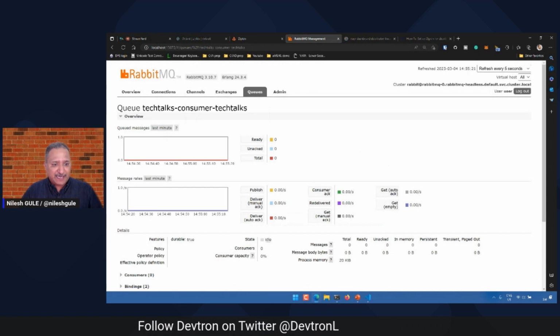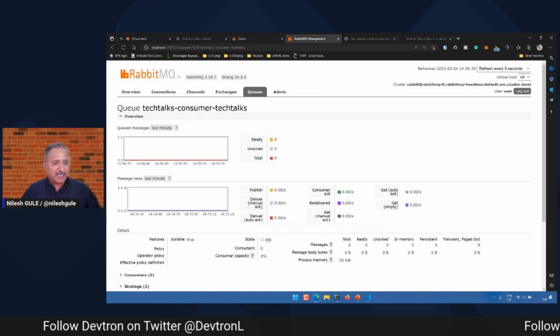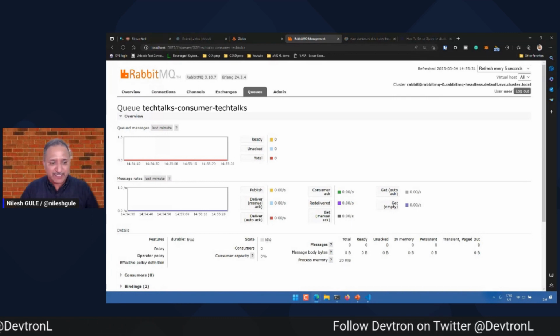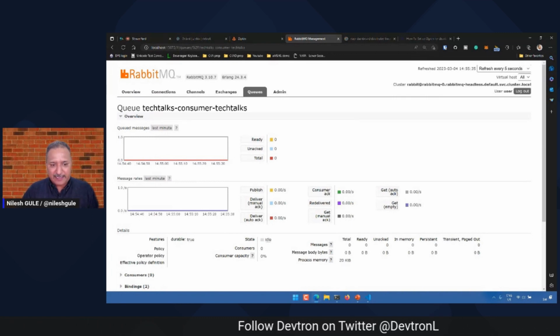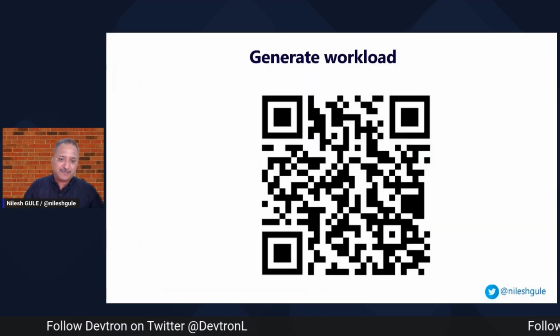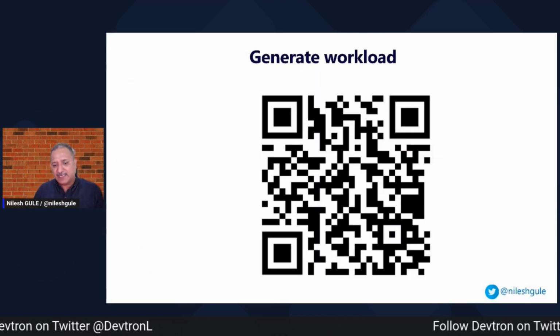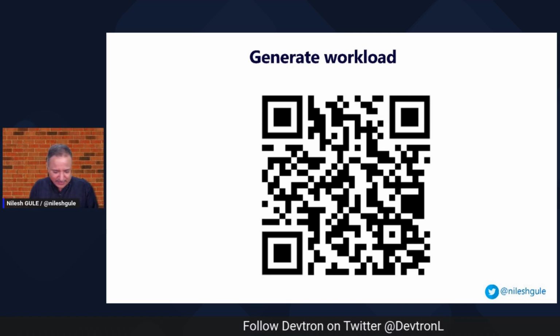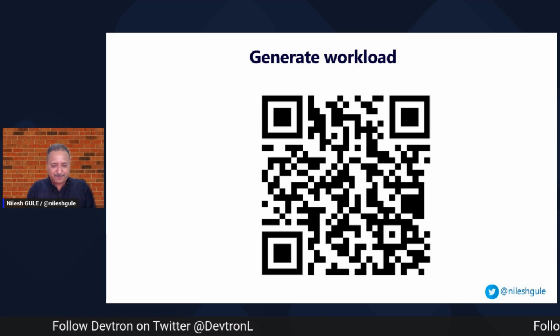And currently there are no messages this time. This is the Tech Talks consumer queue where I'm publishing those messages. If you scan this QR code, it will generate some workload on that, and we will see that the messages are getting consumed. So I will do it on my side, and you can also scan the QR code and help me generate some workload.